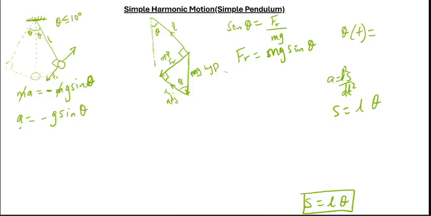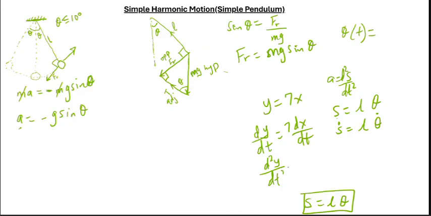So we say s equals l theta. If you differentiate it at first, we have s dot equals l theta dot. When differentiating one function with respect to another, you divide by that. For instance, if we have y equals 7x and we differentiate with respect to t, we have dy/dt equals 7 dx/dt. If we go again, we have d2y over dt squared equals 7 d2x over dt squared.